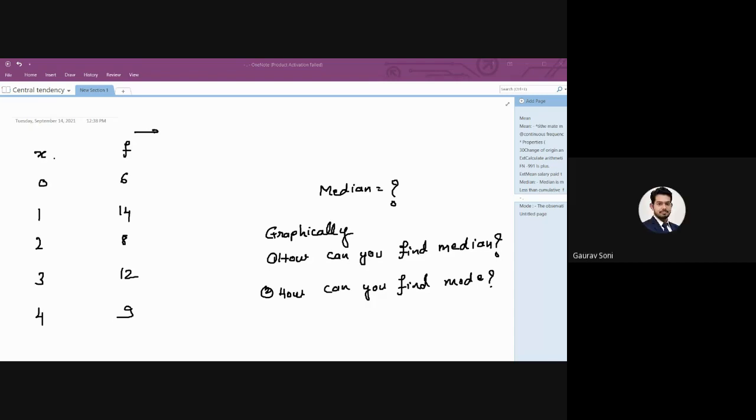Okay. And there was another method Manas told yesterday. I know, but the second method I didn't get it. Okay.